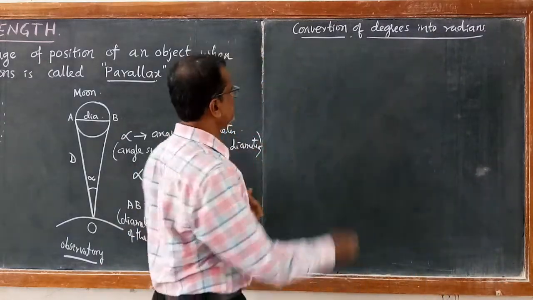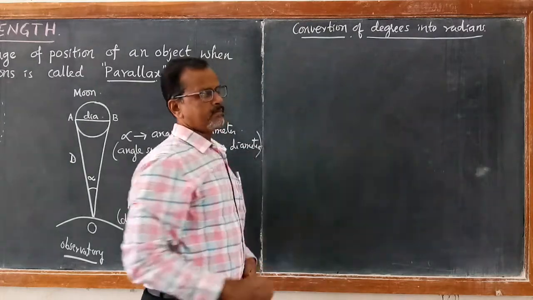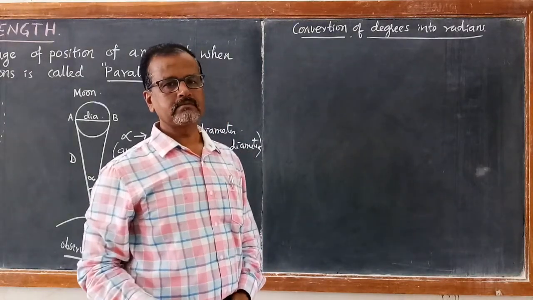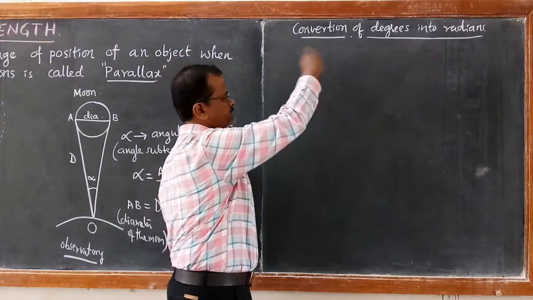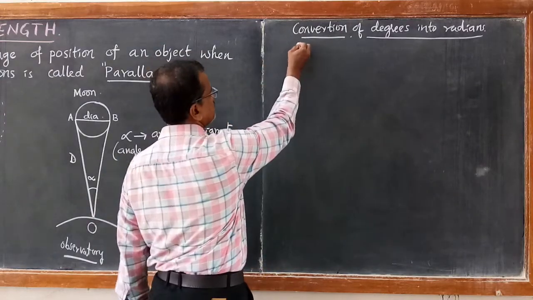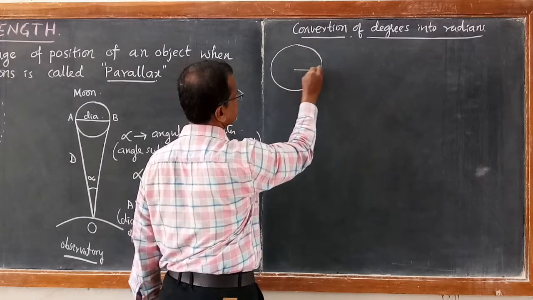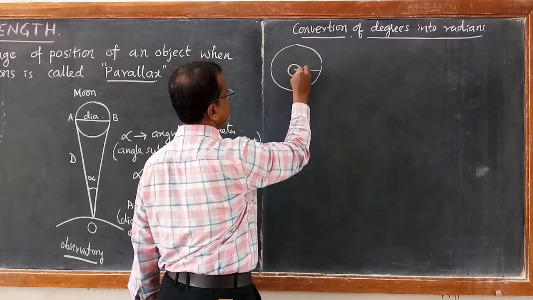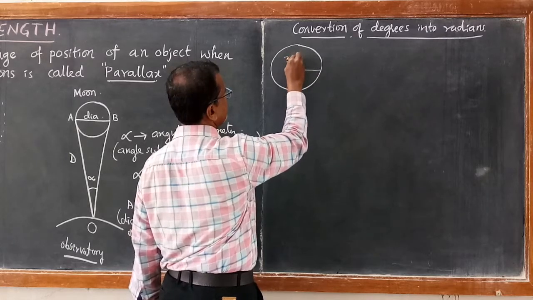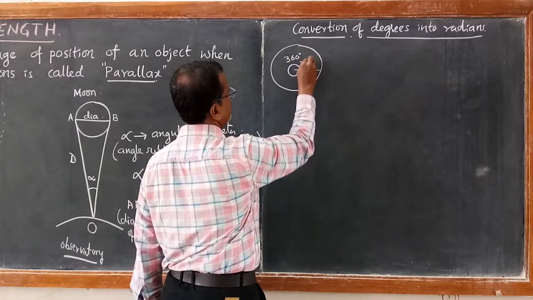We know that the angle separated by a complete angle, separated by the complete circumference at the center is 360 degree. 360 degree is the complete angle, which is equal to 2 pi radians.